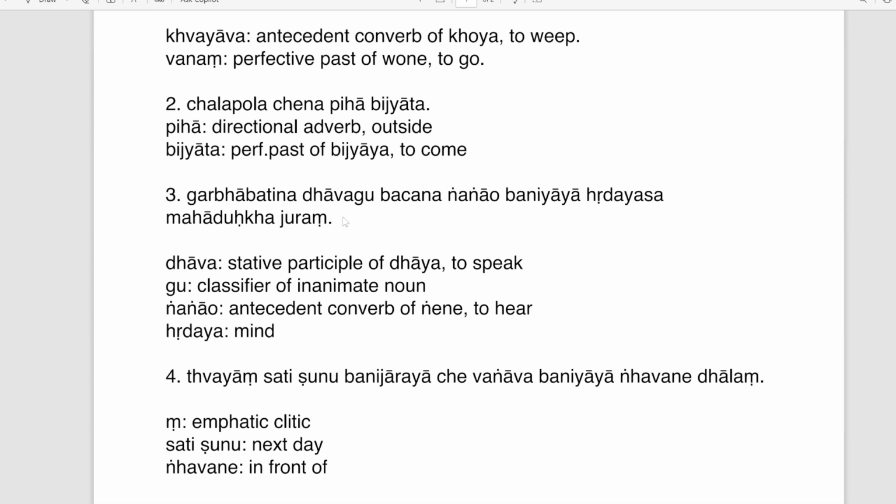What's the function of Gu in Dhavagu? Gu is the classifier for inanimate nouns, and it works a bit like a nominalizer, making the Dhava a modifier for the bhajana. We will see this in later lessons. Any questions on this?